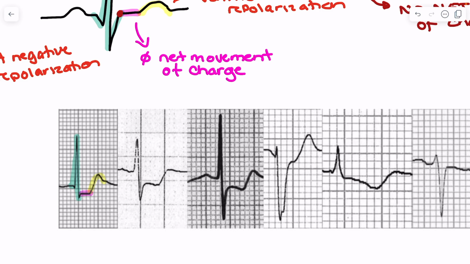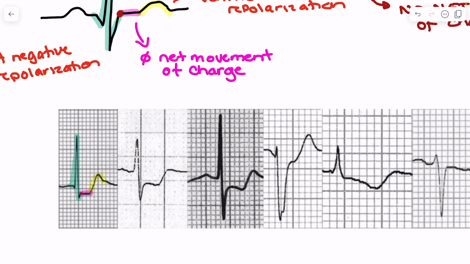So if we use our red marker here, we're looking for the change between where we stopped having positive and negative deflection of our QRS complex. So that would be around here. We're watching that change stop. We know that our period of rest is here. So that point of time in between is going to be the J point. So the J point is right here. Again, we can see this small negative deflection occurring right here, followed by this period of time where we have rest. So that indicates our J point being here.